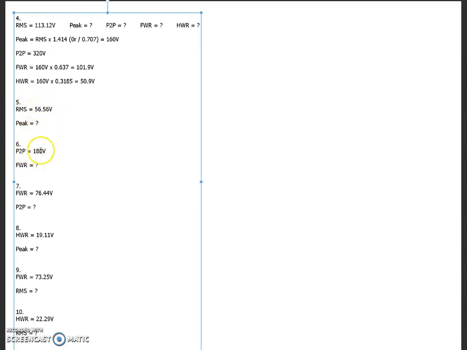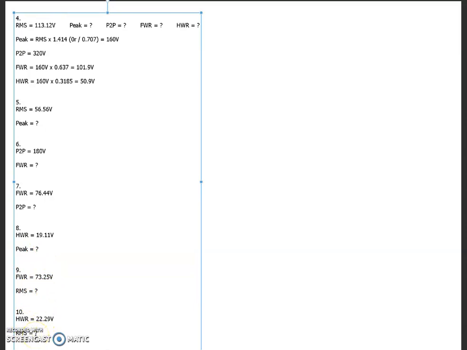Now, for these next questions, we have a couple extra steps to get to the answer. So RMS, this is not too bad here. So pause the video after this. You've got peak to peak, 180. If the full wave is 76.4, what's the peak to peak? Half wave. Full wave rectified, what's the RMS? And half wave, what's the RMS?